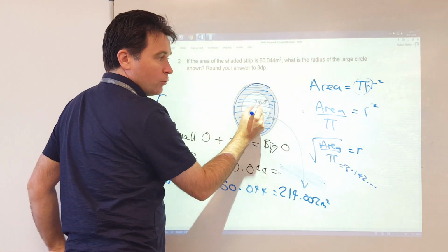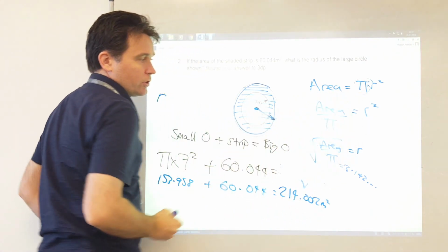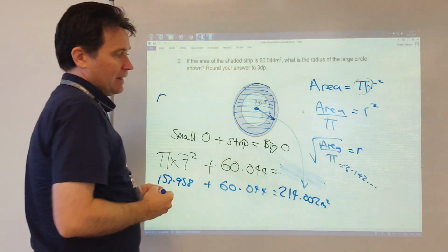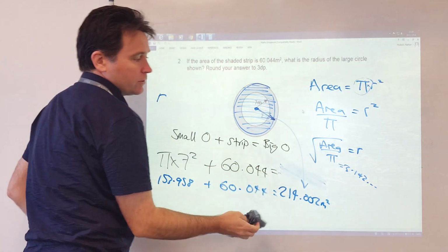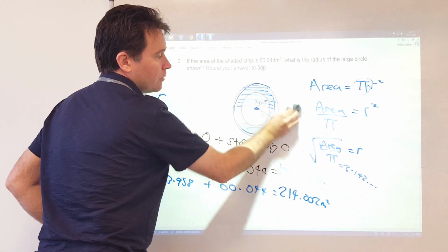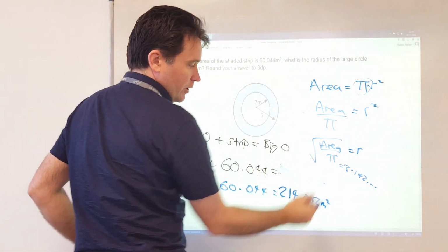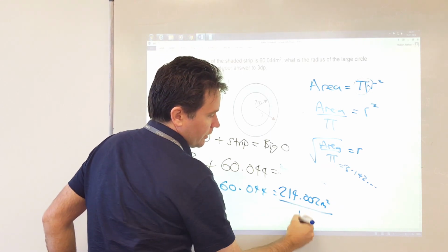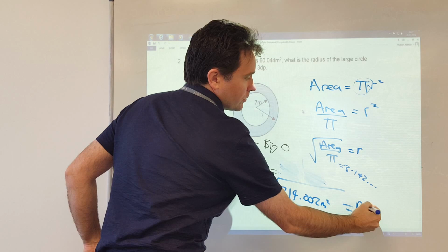But now we want to rearrange the formula for area to get just the radius on its own, which was the original question. We've already got the formula: the area divided by pi, and square root it. That'll give you the radius.